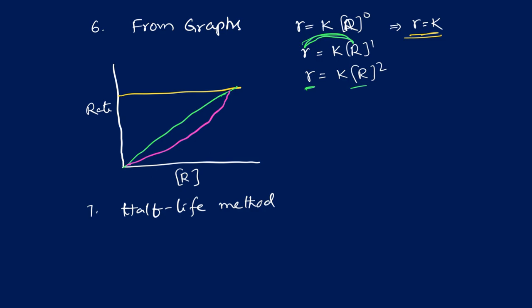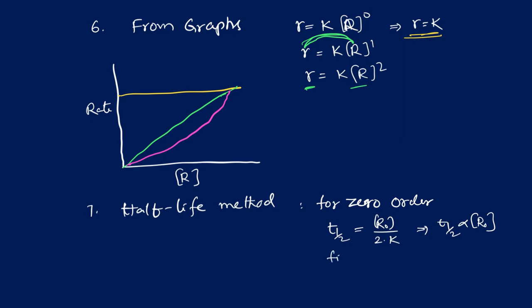I will give one example for zero order reaction. Half-life formula is R naught concentration by 2 into K. 2 and K are constant, therefore T half is directly proportional to R naught concentration.